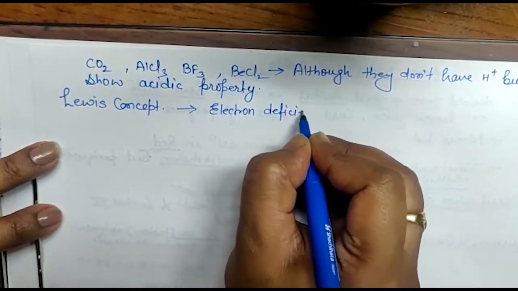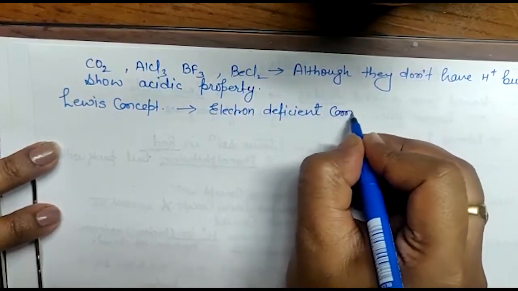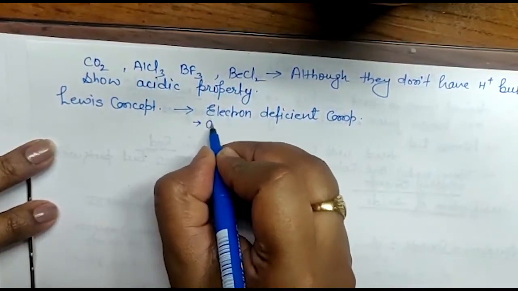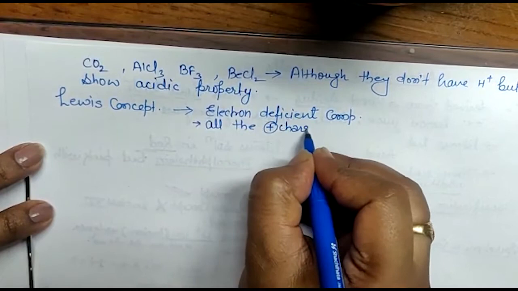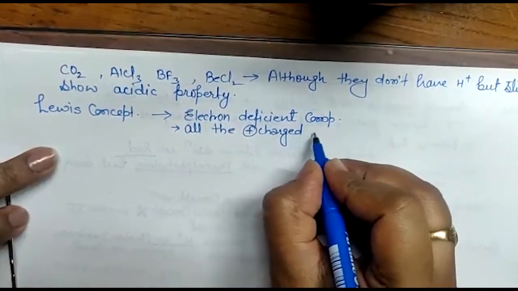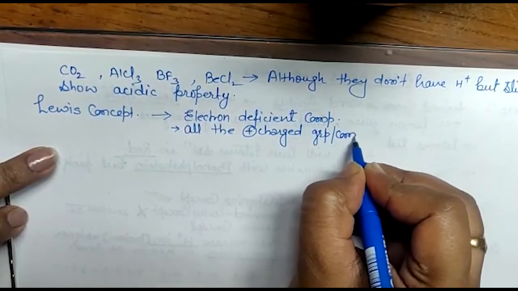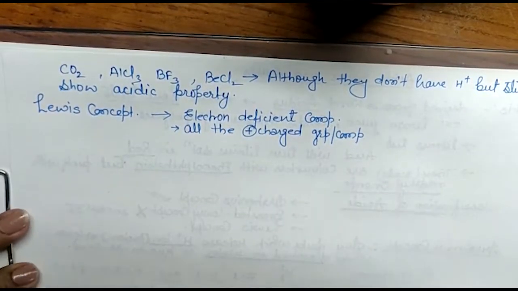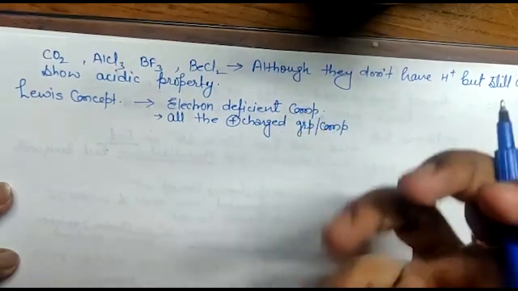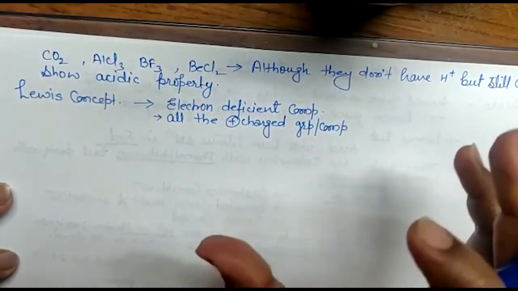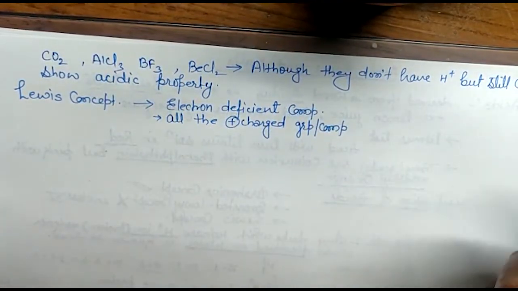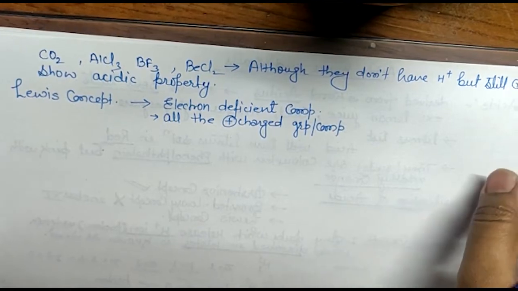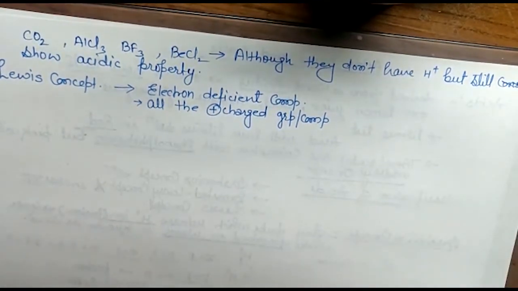what it is I will explain. Electron deficient compounds and all the positively charged groups or compounds are considered Lewis acids, because they are electron deficient. If any compound is having a positive charge, it means its octet is not complete. Now the question will be, what is an octet? I am giving you brief knowledge about it.